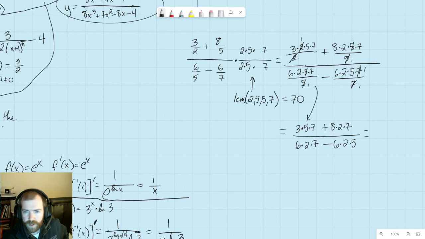This is going to be 3, 5, and 7 are going to make 35 times 3 is going to be a 105. Plus 8, 2, and 7 is going to be 56 times 2 is 112. Divided by 6 times 7 is 42 times 2 is 84. Minus 6 times 5 is 30 times 2 is 60.